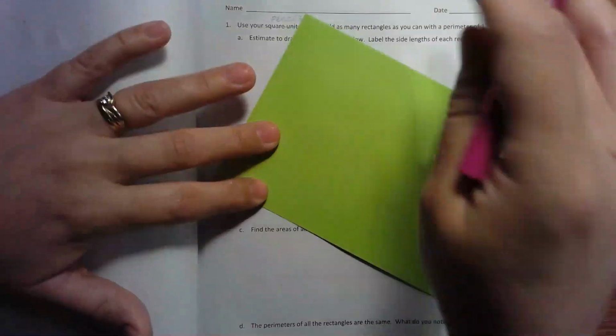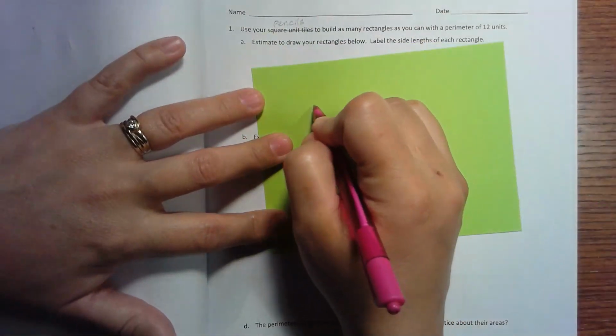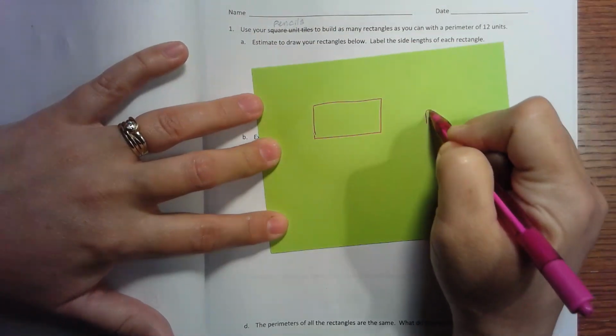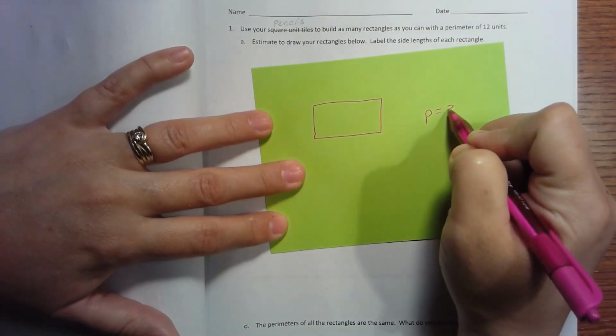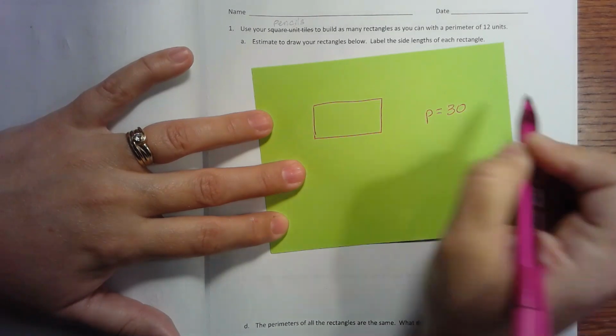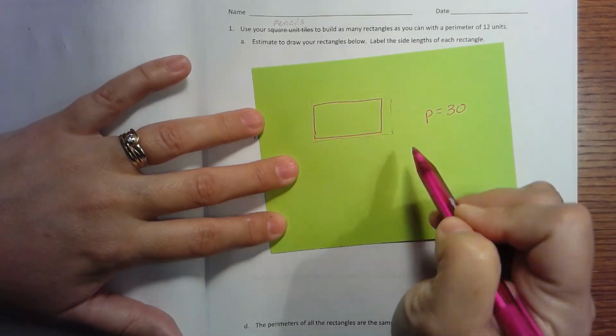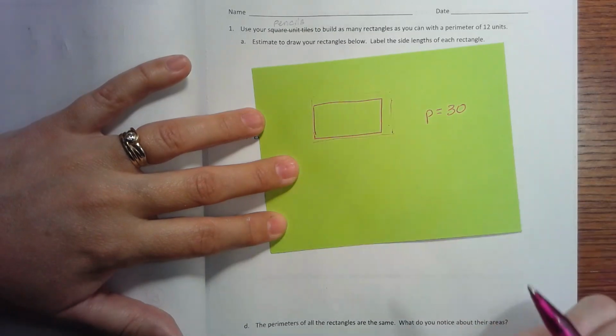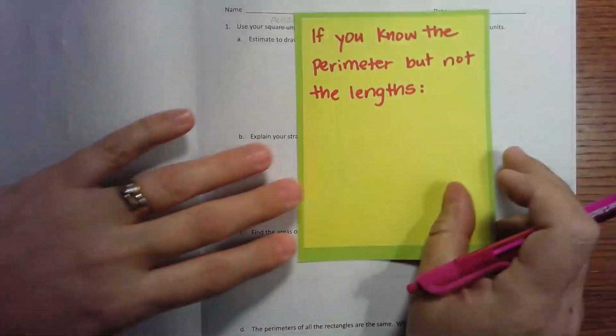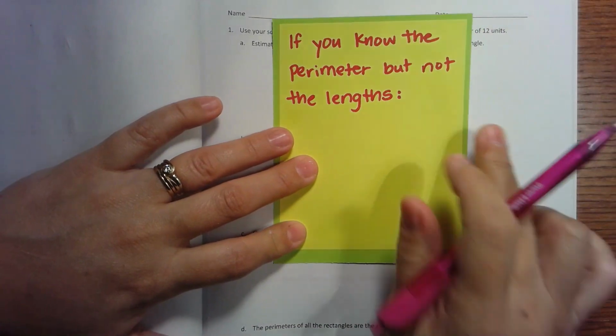So we are going to be like detectives. If I give you a shape and I tell you the perimeter is 30, they're going to make you think it through and say what the lengths could be. So one more time, just so you see what we're doing.